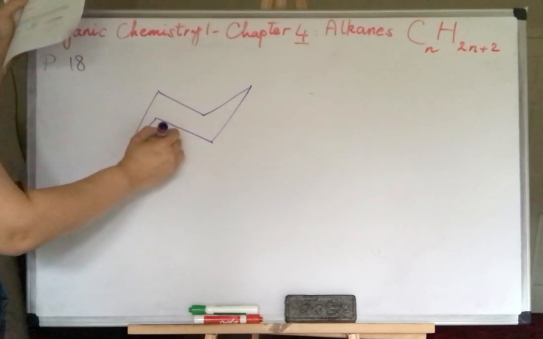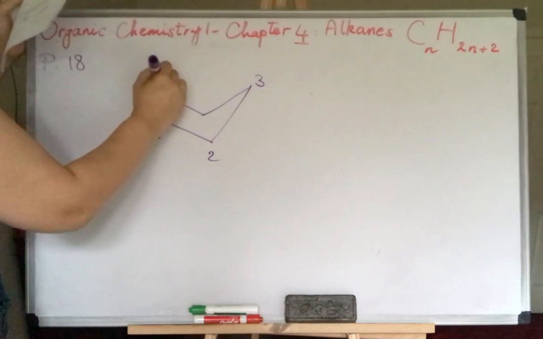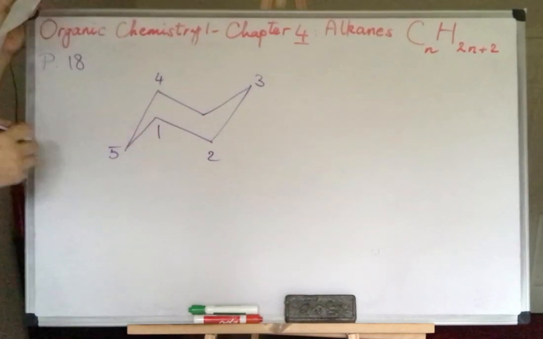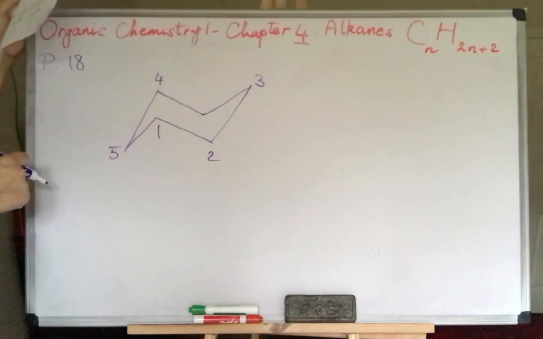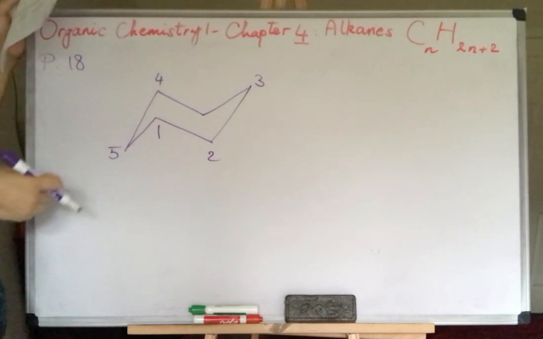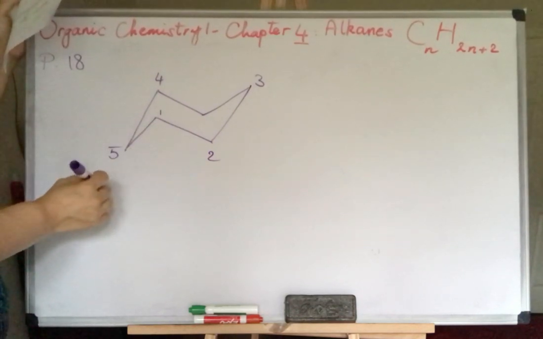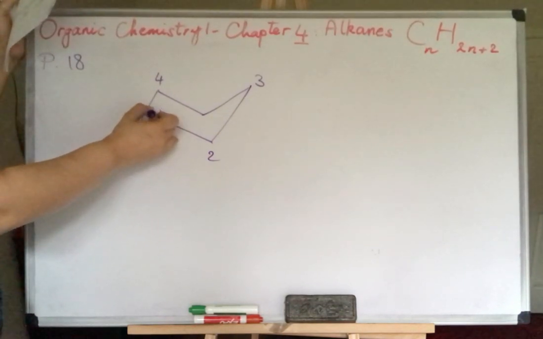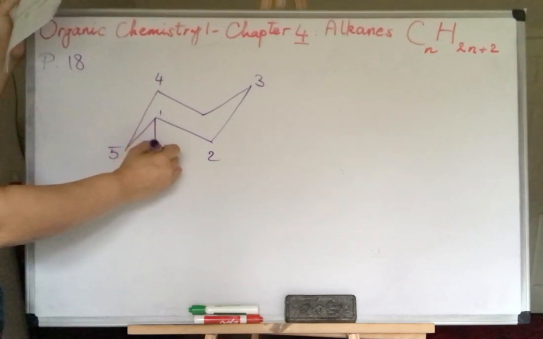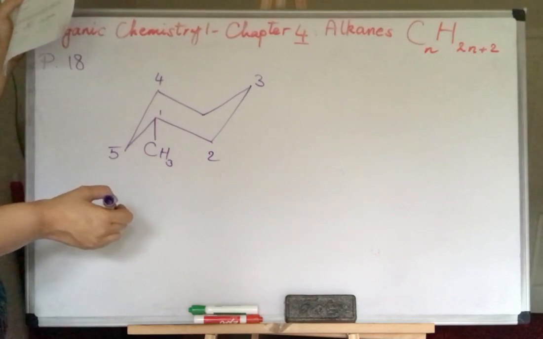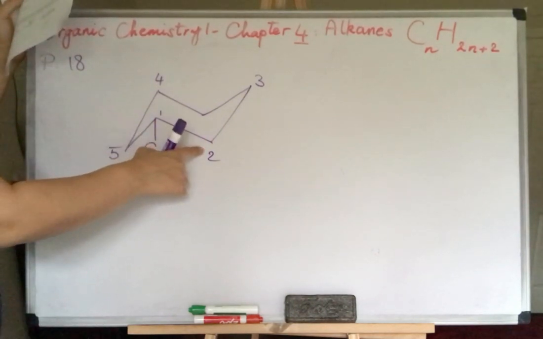It's been numbered for us like this. In part A, we are supposed to put an axial CH3 group at C1. At C1, we need an axial CH3. It's a down carbon, so its axial goes down. We also need to put an equatorial OH on C2.